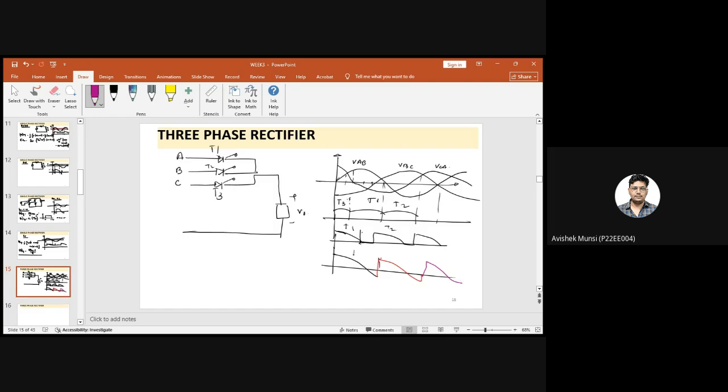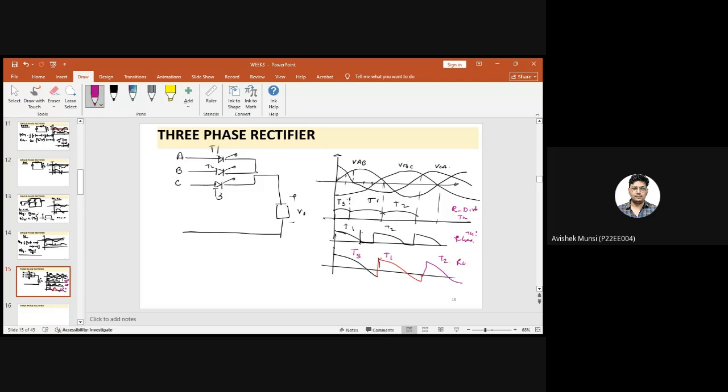Okay, so this is my T3, T1, T2. This is for RL. For R load, this is for R load with a diode, not for thyristor. This is for thyristor. Okay, clear?